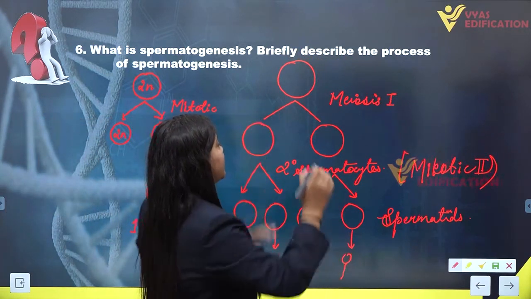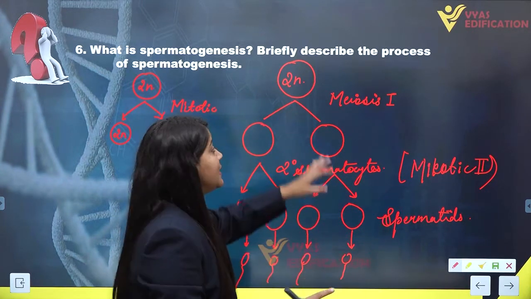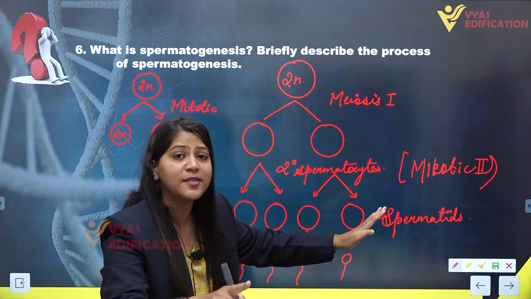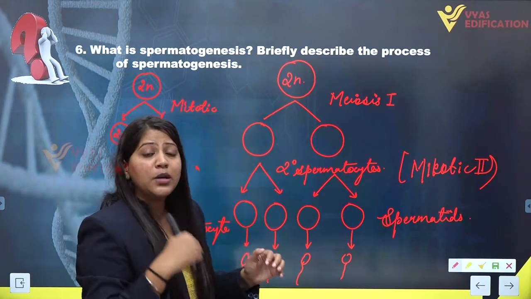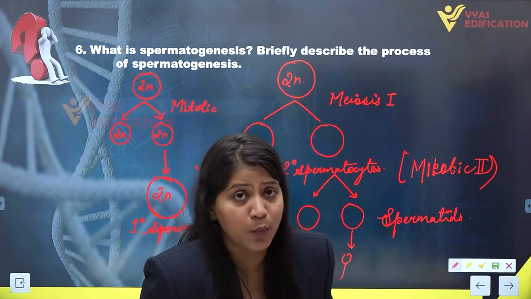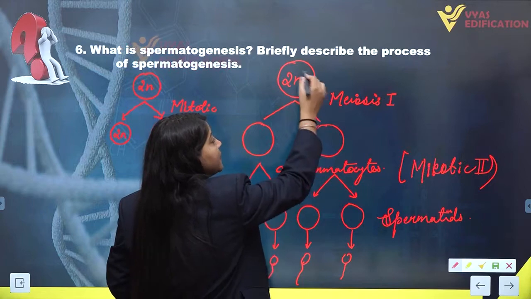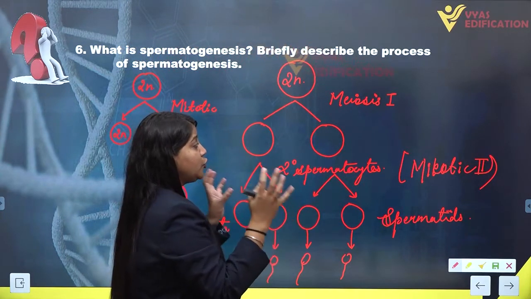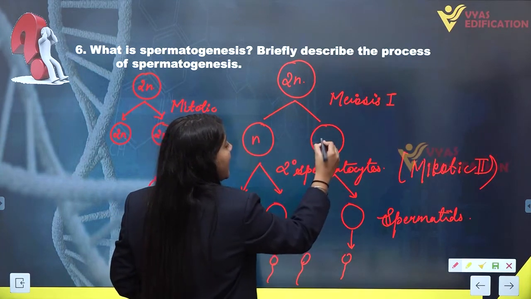Now let's come towards this. This is also a primary spermatocyte. Being diploid, it undergoes meiotic division to form sperm cells or male gametes. When any cell undergoes meiotic division, there will be a reduction of chromosomes by half. So as this primary spermatocyte undergoes the first meiotic division, producing two daughter cells, these cells will be haploid.